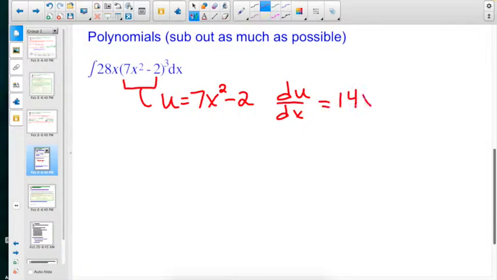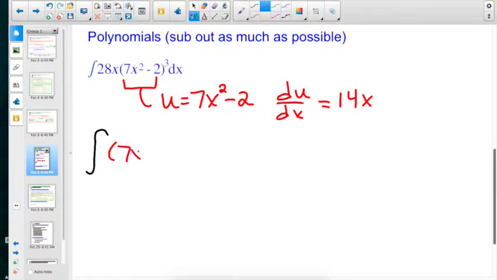14x. So the idea is I can have a simplified expression, and then I have to look at this expression of the derivative. And we're going to go through a substitution process here to get everything that has an x in it removed. So when we look at this, if I separated this out, we would have 7x squared minus 2.